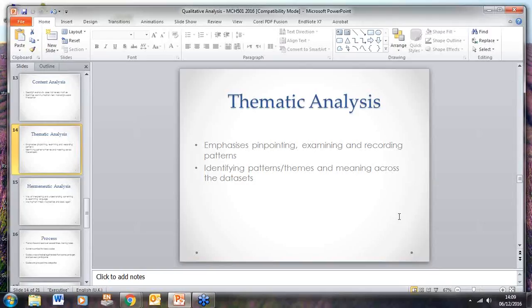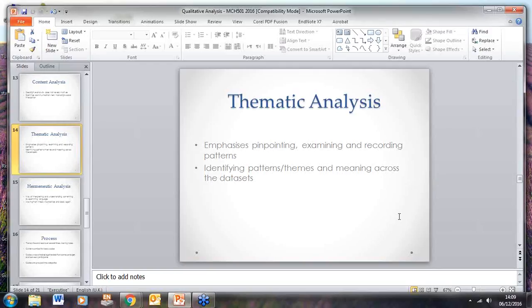Are those the same as the next one and the next one and the next one? So if you were going to highlight in purple specific phrases and specific results, do you see them across the research that you're doing? And that would be a thematic analysis.